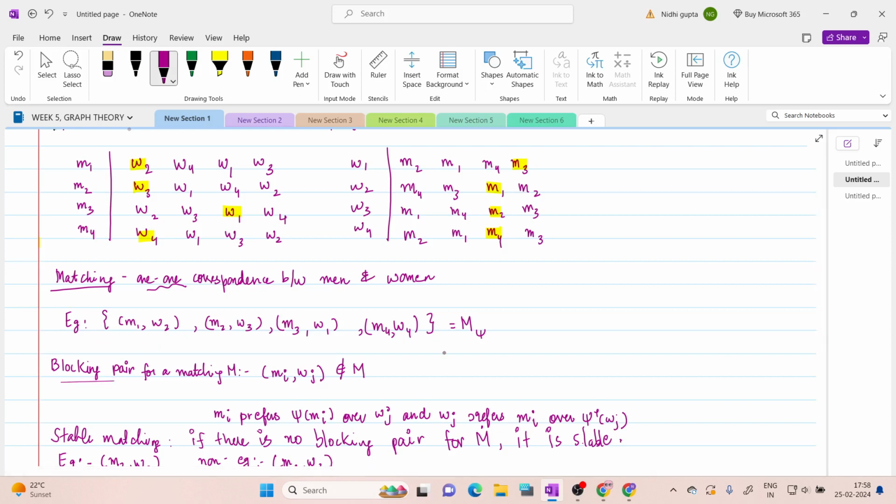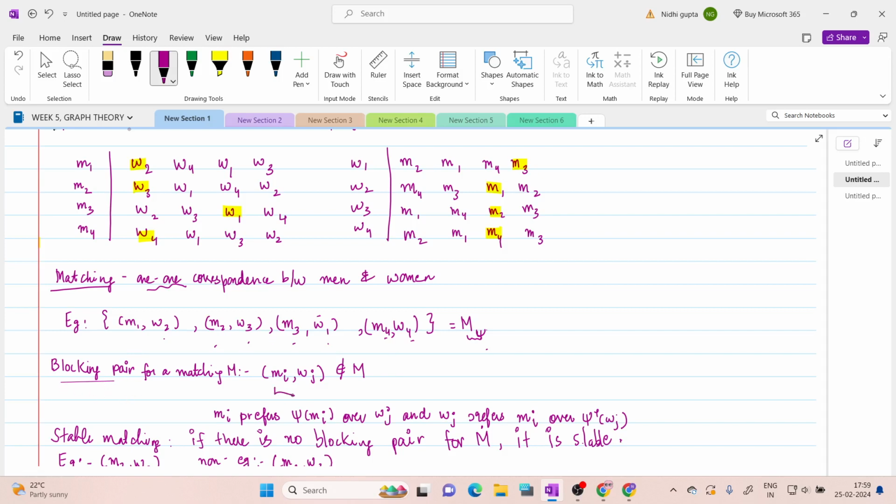So this is a matching M, where M1 is assigned W2, M2 is assigned W3, M3 is assigned W1, and M4 is assigned W4. Each woman W1, W2, W3, W4 is assigned to some man. Therefore, we see that this is a matching. Now, what is a blocking pair?